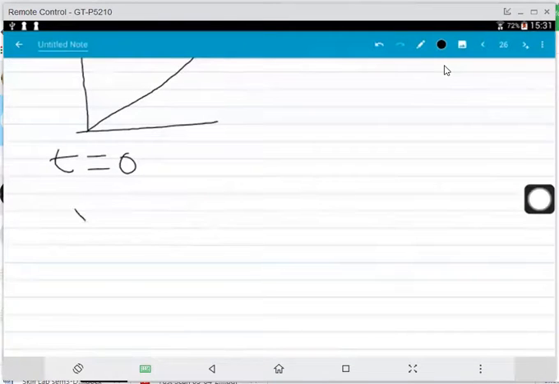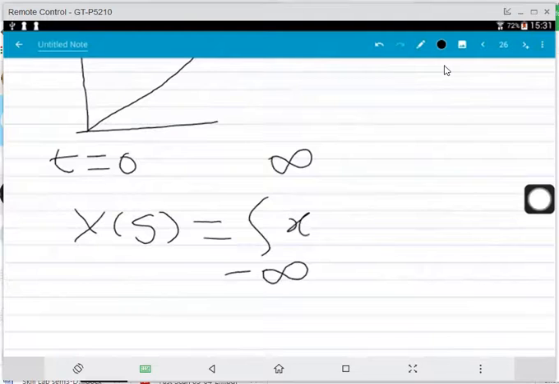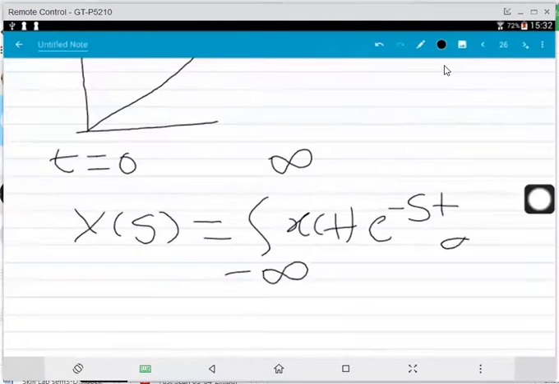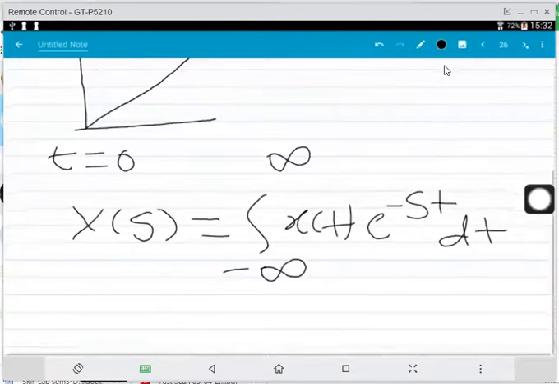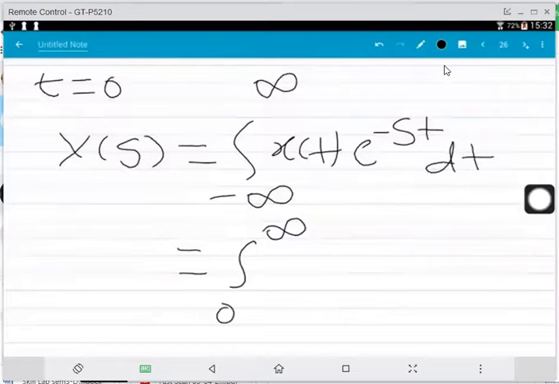So X of s is equal to the integral from minus infinity to infinity of x of t e to the power minus st into dt. Now, as this is also a causal signal, we have to take the limit 0 to infinity, and the value of x of t is equal to t, e to the power minus st into dt.